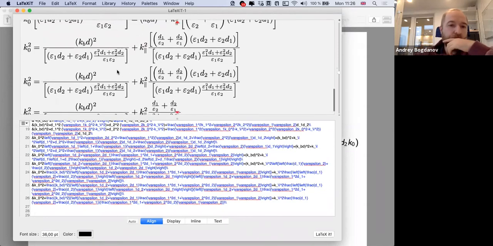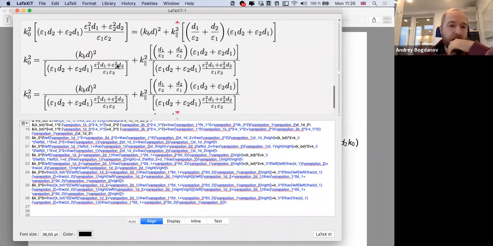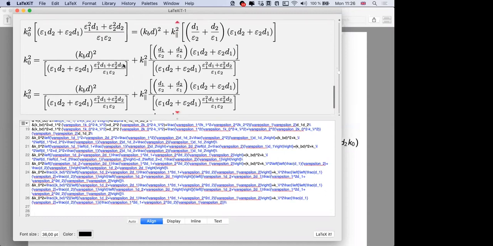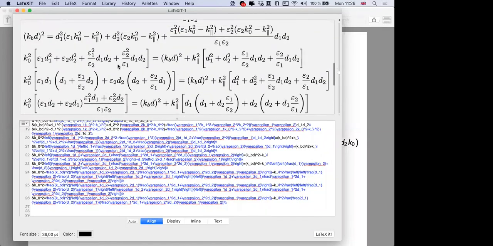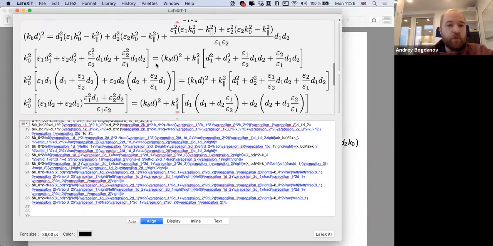Let's have a look how I get this fraction. This one. We have square of epsilon because we say that k1. We start from this, yeah.